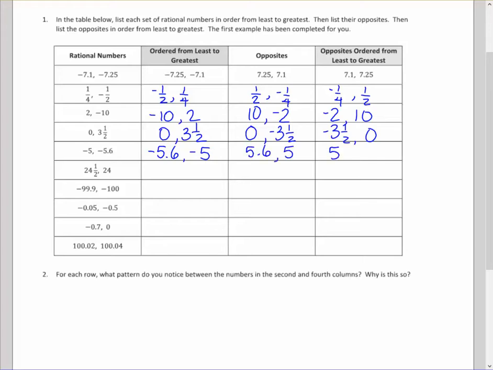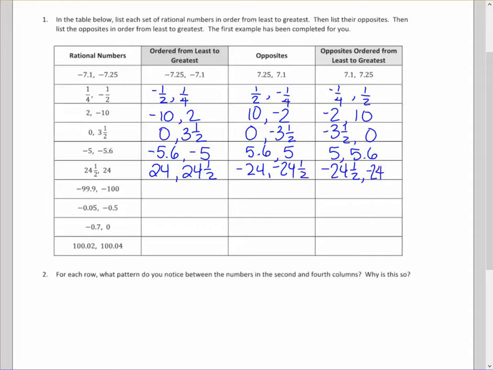And because they are now positive, we reverse that order, so to speak. So we have 24.5 and 24. 24 is obviously less than 24.5. The opposites of these are negative 24 and negative 24.5. And we now would say negative 24.5 is less than negative 24.